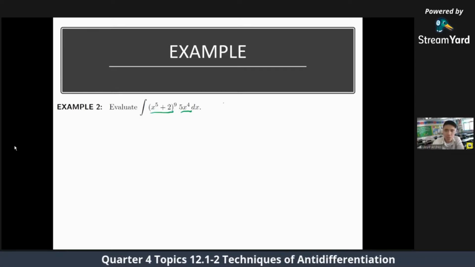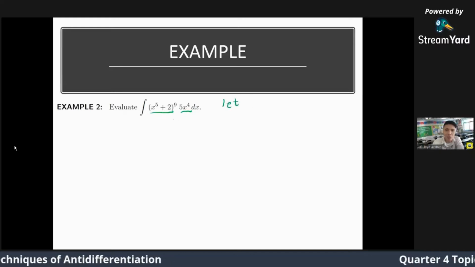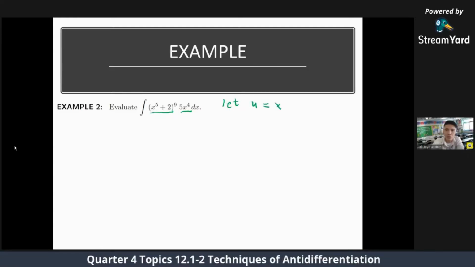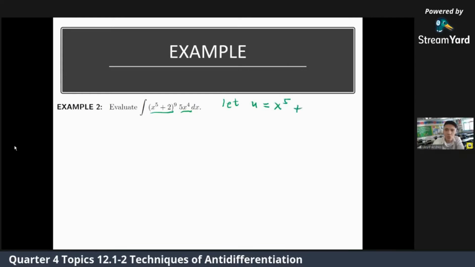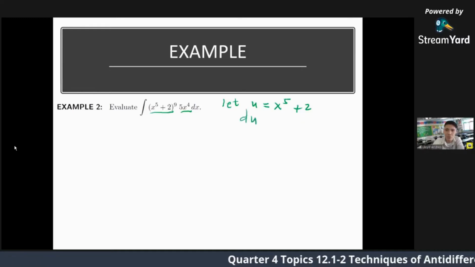Usually, again, there is no fixed rule on what to substitute, but usually where there is an exponent that is not a monomial, that is what we let u be. Let u be equivalent to x raised to 5 plus 2, the base. After that, differentiate. So du becomes 5x raised to 4.